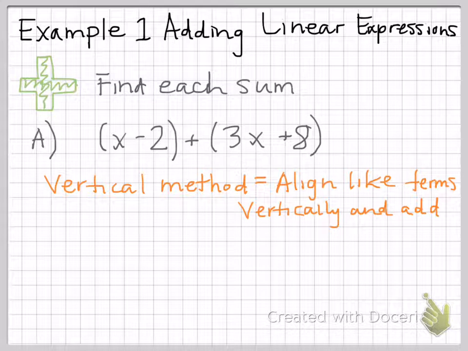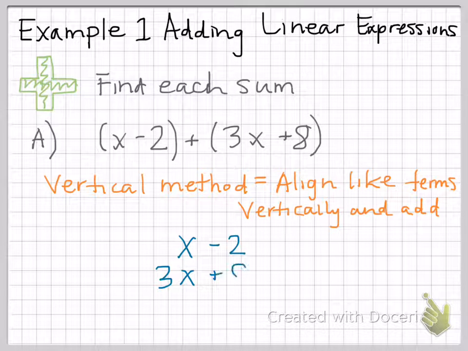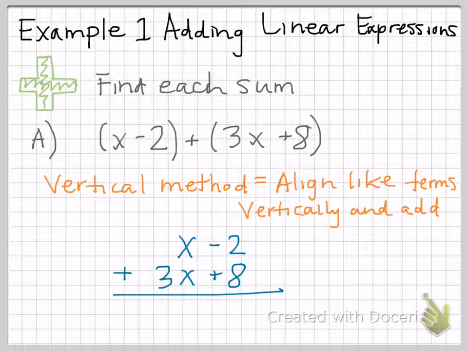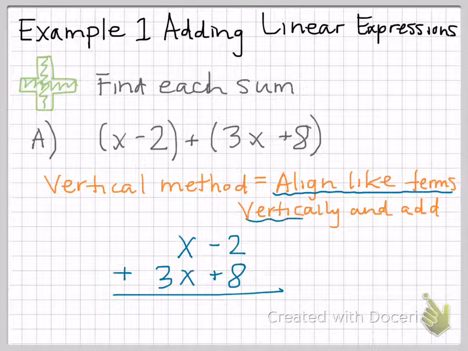So it says to align the like terms so that x and the 3x are like terms. Then I have the negative 2 and the positive 8 that are like terms, and I'm going to add them. Does that make sense? Again, I aligned the like terms vertically, and now I'm going to add.